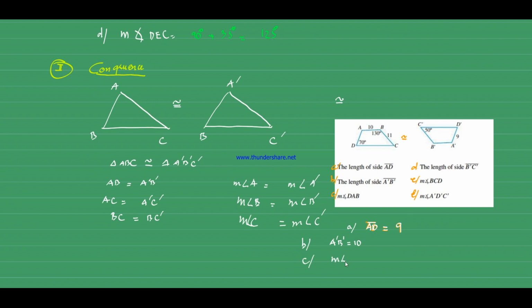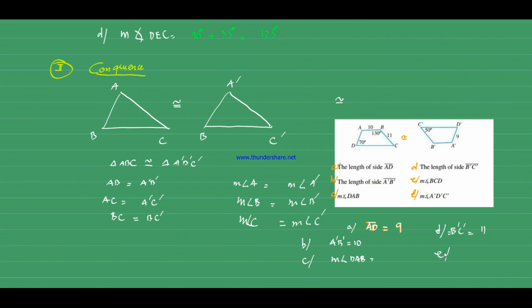Angle DAB. Let's try to find this one. So B prime C prime must be 11.